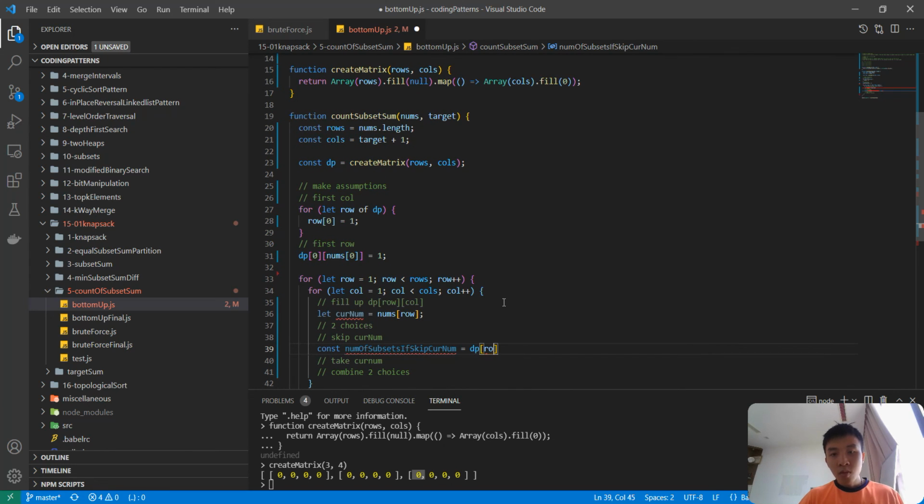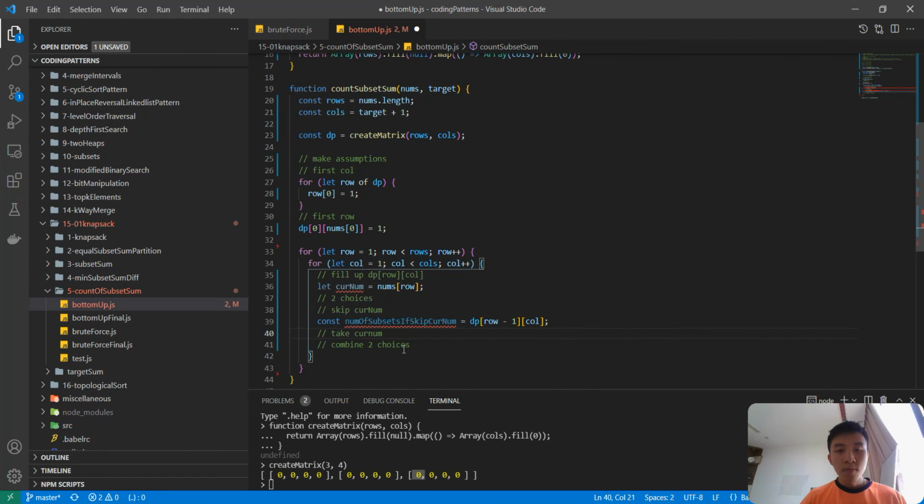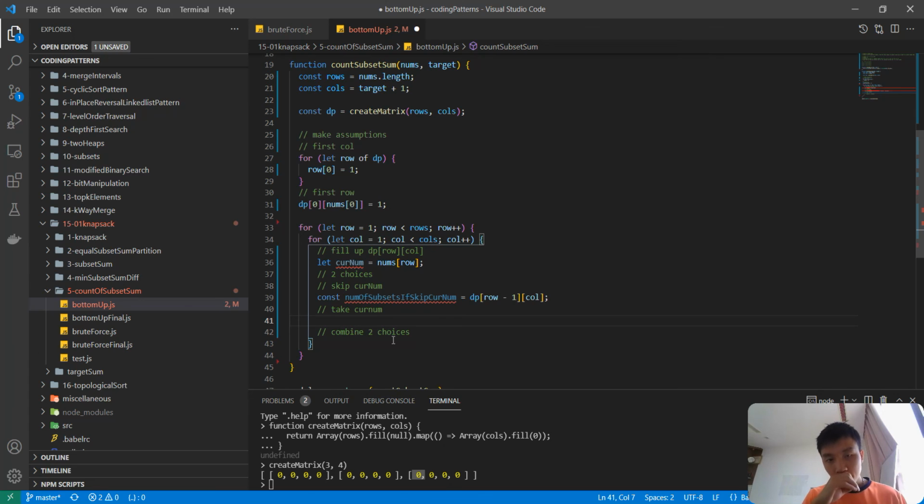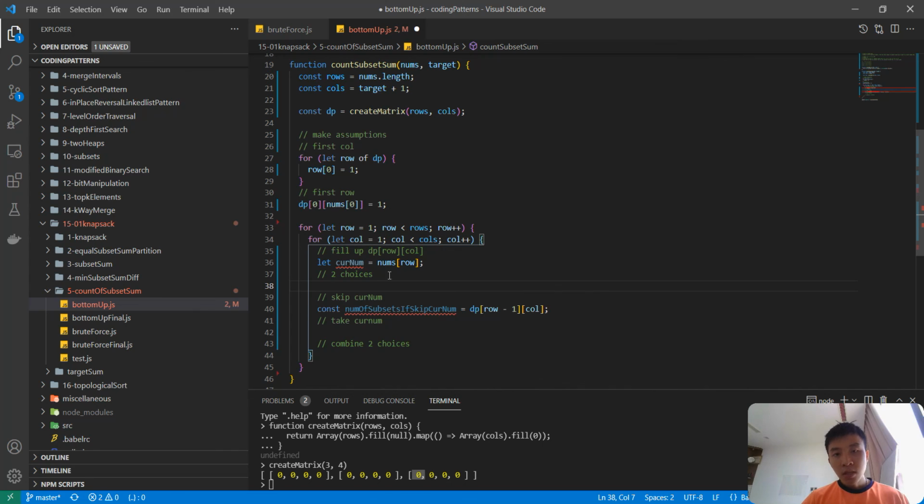Same column, one row above would be row minus one, and same column would be column. Actually, because each cell starts with 0, I can just add it up to our cell.